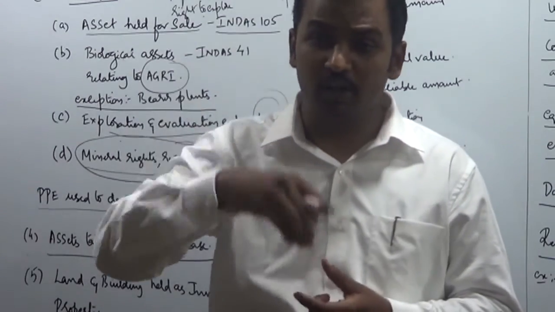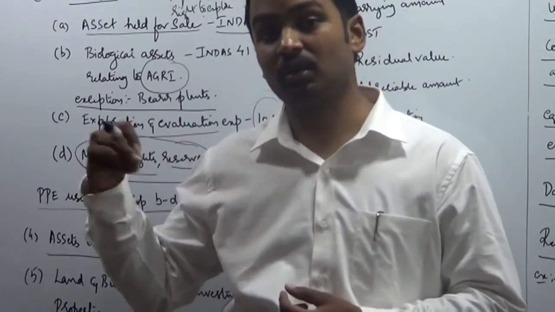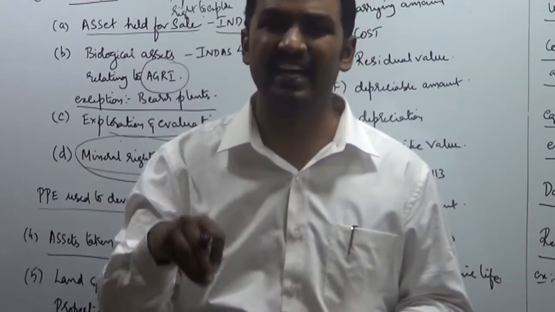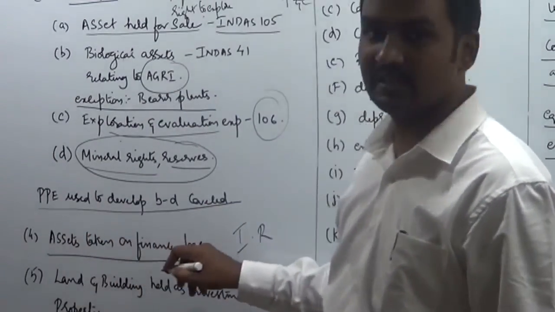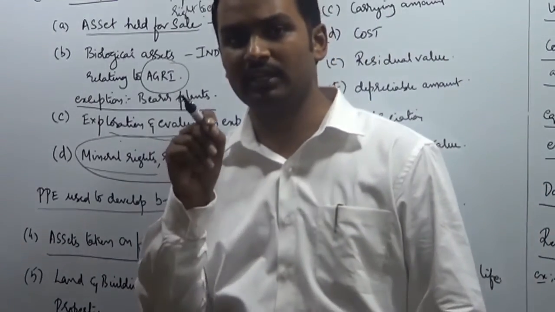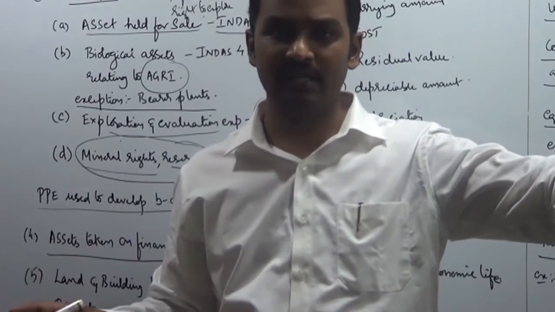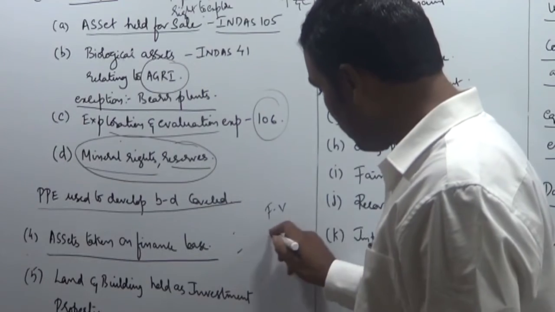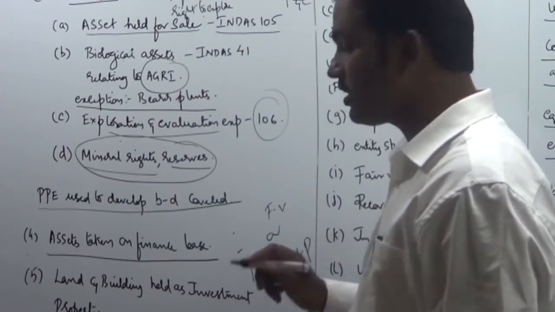So at what value to recognize such assets initially in the books of the lessee is outside the scope of Ind AS 16, it is within the scope of Ind AS 17. So as per Ind AS 17, if you have taken an asset on finance lease, initially you have to recognize it at a value decided by Ind AS 17, not by Ind AS 16, that is fair value of the asset or present value of minimum lease payments, whichever is lower.